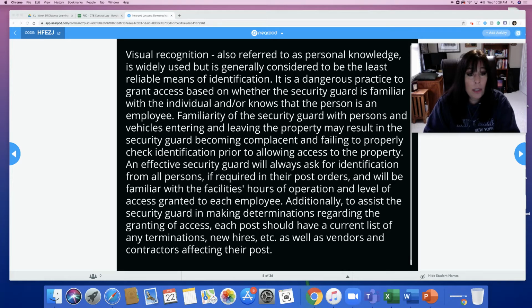Additionally, to assist the security guard in making determinations regarding the granting of access, each post should have a current list of any terminations, that means people who got fired, new hires, etc., as well as vendors and contractors affecting their post.